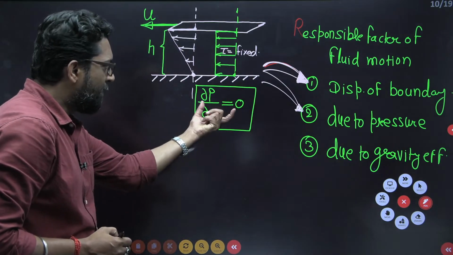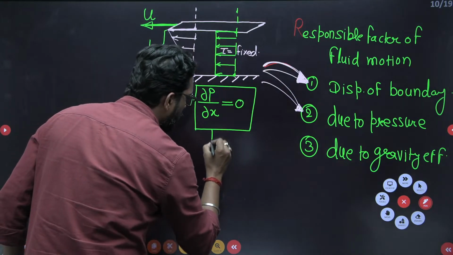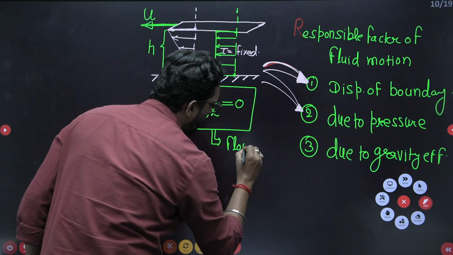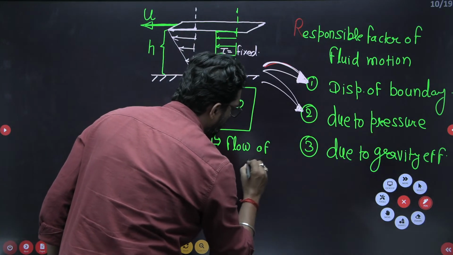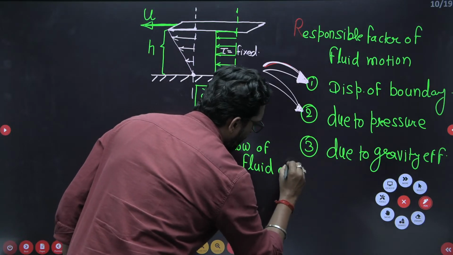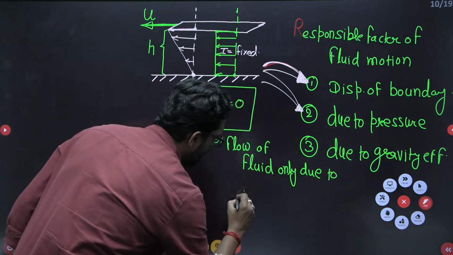So if there is no pressure variation and the plates are horizontal, the flow of fluid is only due to displacement of a boundary.